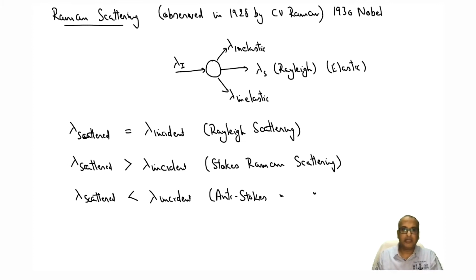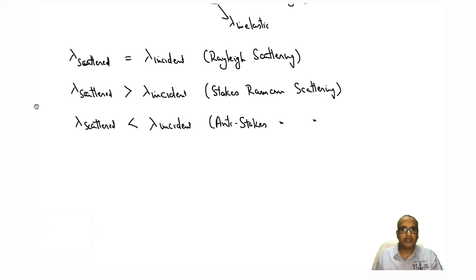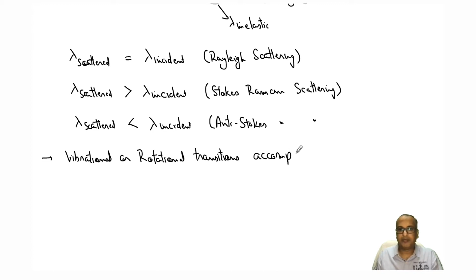Okay, now why does it happen? Why is there exchange of energy? Why is there inelastic scattering? So you can say vibrational or rotational transitions accompanying the scattering process cause Raman scattering.